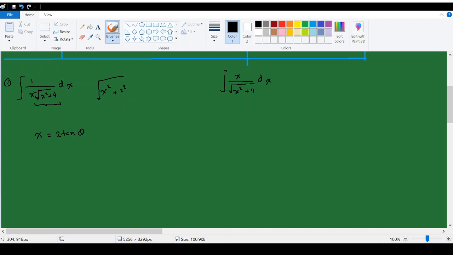And then we can see dx by d theta will be equal to 2 times sec squared theta, right? And that means dx can be written as 2 sec squared theta d theta, right?